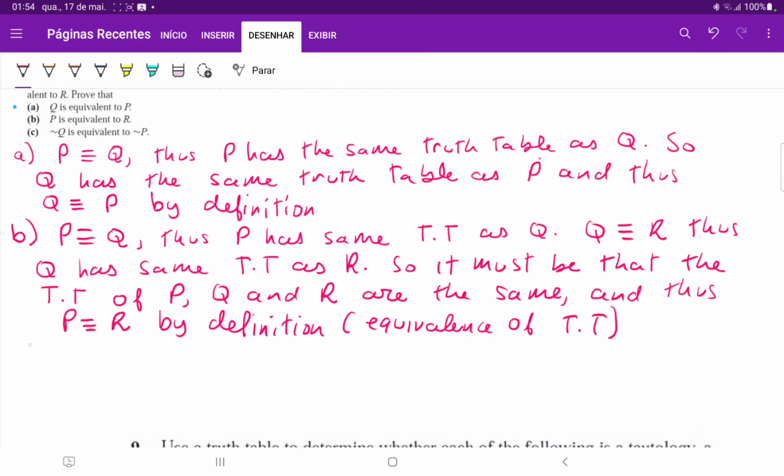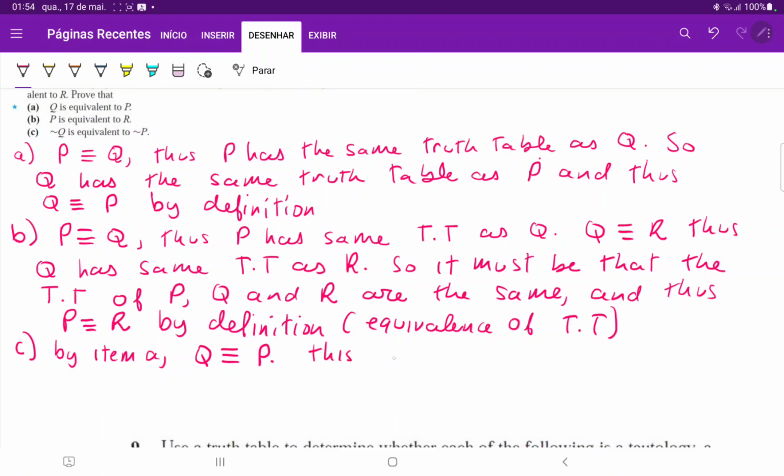Now for C, C is a slightly bit trickier, and we're going to actually use what we proved for A. So we're going to say by item A, Q is equivalent to P, since we've proved this.